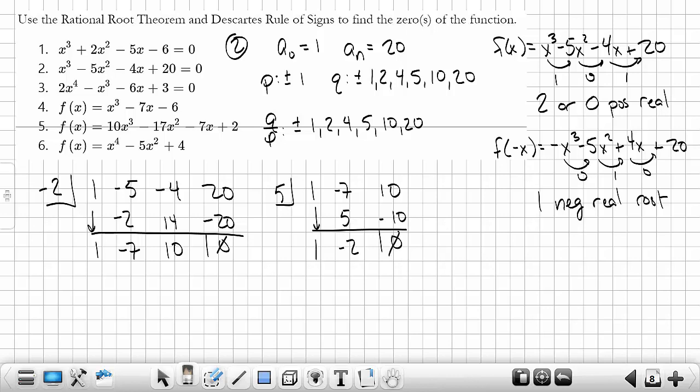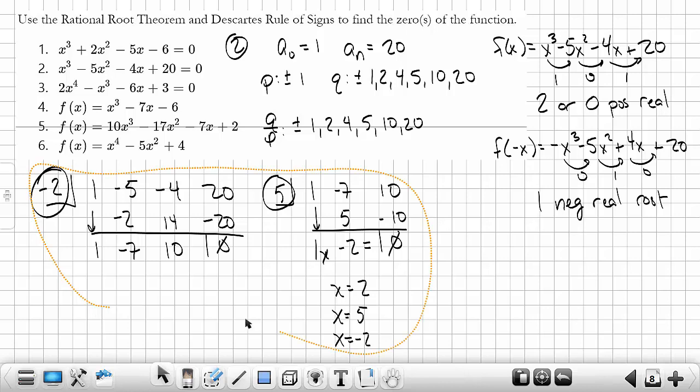Oh my gosh, I'm on a roll. So this is 1x minus 2 equals 0. So I add 2 to both sides, and x is 2. And from my other two ones, x was 5 and x was negative 2. And there are my solutions to number 2.